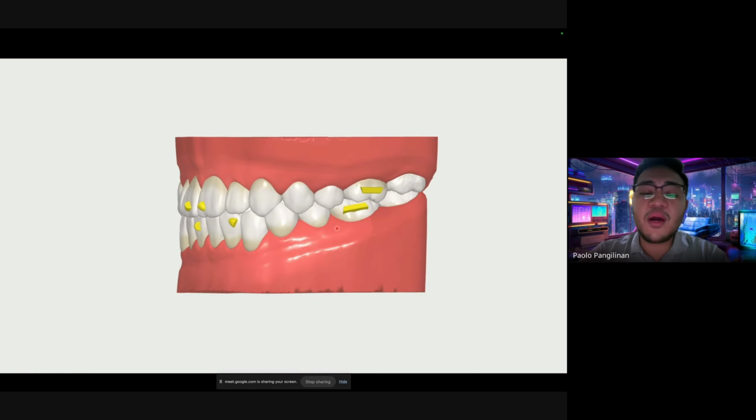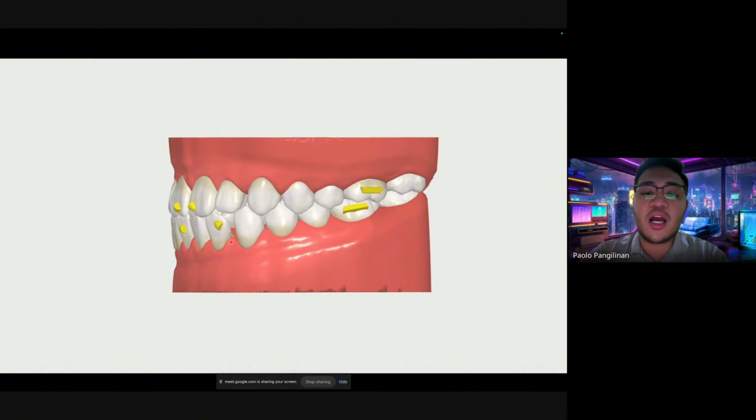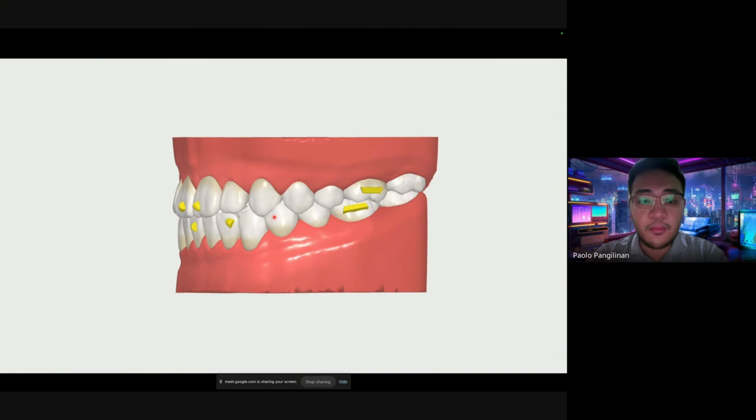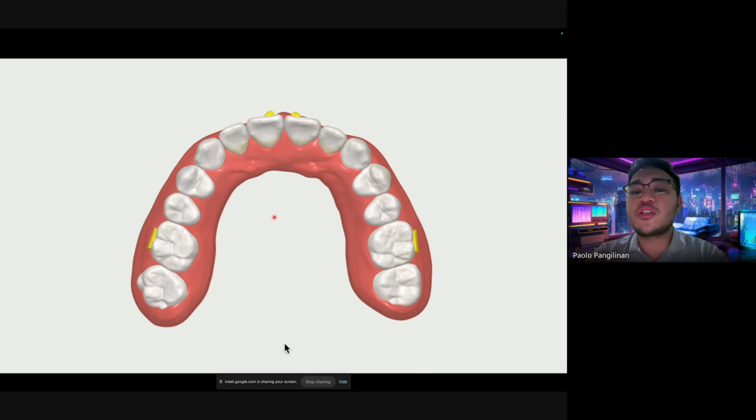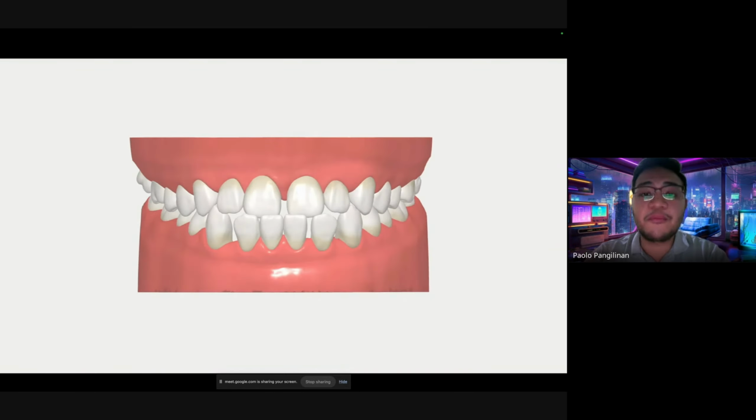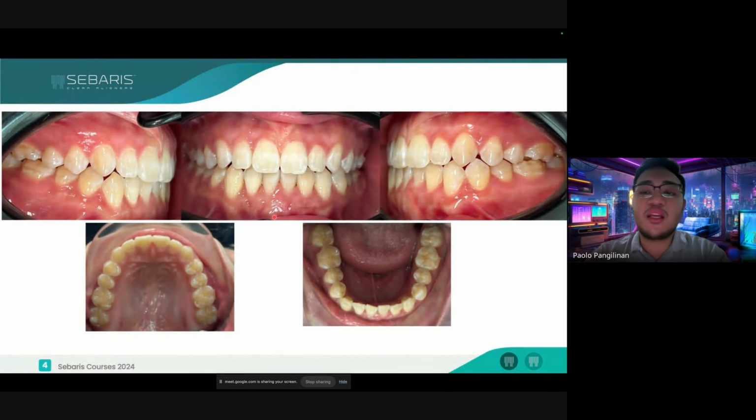And somehow a little bit of overcorrection on how to finish the whole case. Now, basically, having that said, since all those principles are satisfied, we can get a result something like this. Spaces are closed. We maintained our anchorage so well, although a little bit of refinement, because we might have to do a little bit of overcorrection, but nonetheless, it's still a good case.